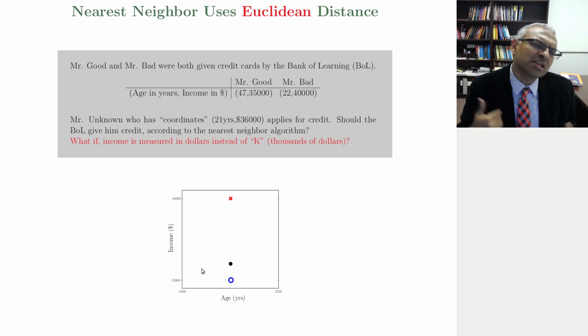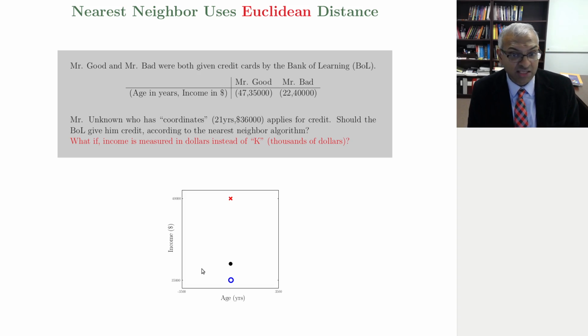Instead of measuring income in K, I chose to measure income now in dollars. And this is something that can arbitrarily be decided by whoever's collecting the data. They collect the data in K, or they collect the data in dollars. But depending on that scale, the outcome for the black Mr. Unknown is different. And then you try to explain this to the client and your boss.